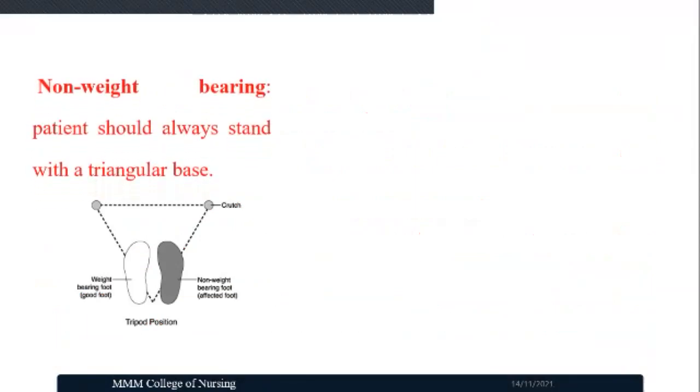Usually there are two types of weight bearing. The first is non-weight bearing, where the patient will not be able to put weight on their legs. Here the crutches form a triangular base, where the patient stands by placing the crutches in front of the legs. This forms the triangular base, which we call the tripod position.